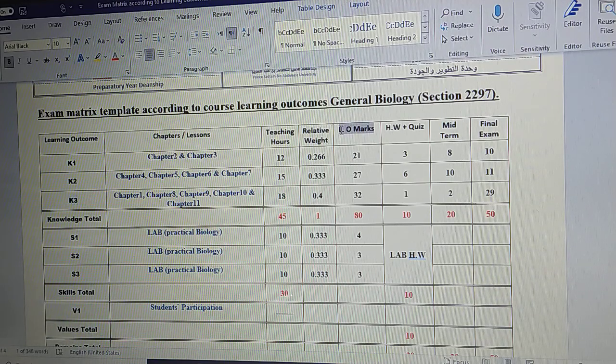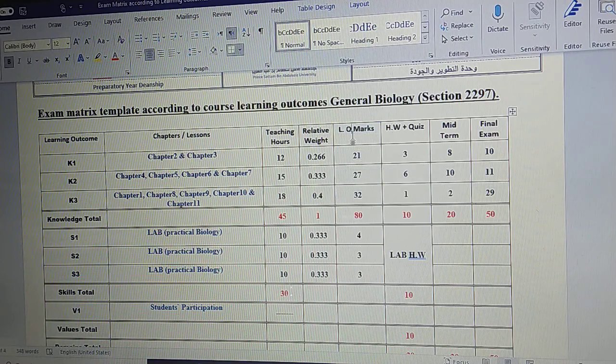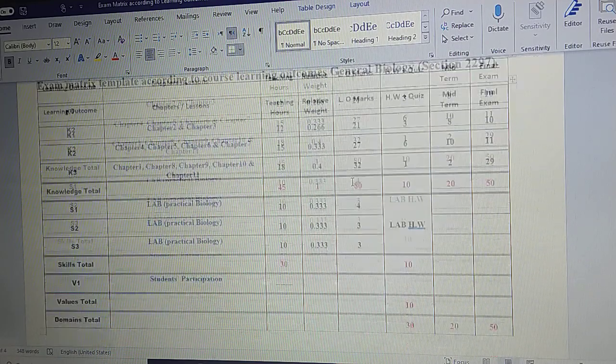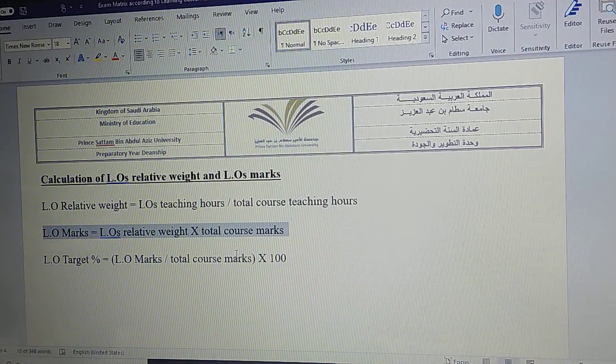Then this column represents LO marks. What are the marks that represent this learning outcome? How many questions will I put in the exam to evaluate, to measure this course learning outcome? Also, I can calculate this from the second equation in the second paper.